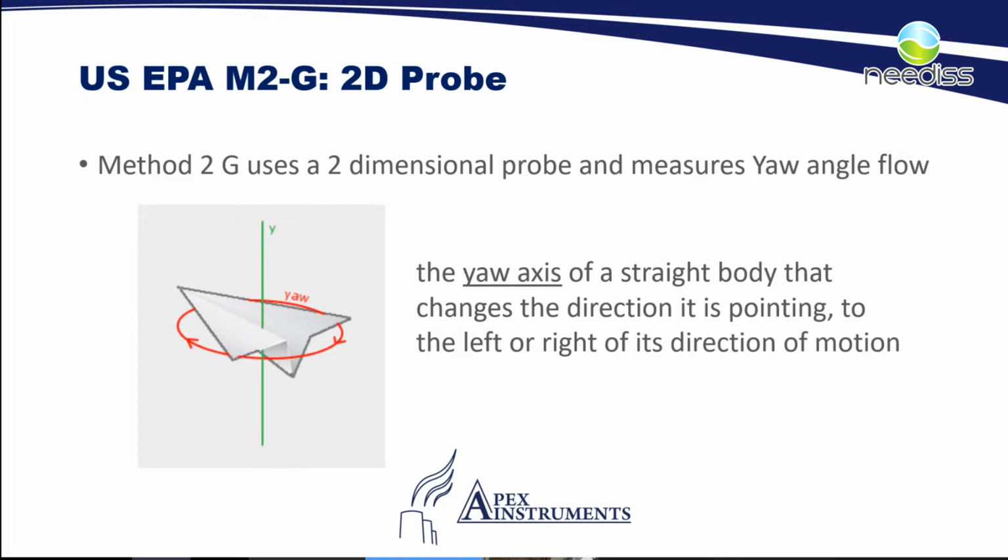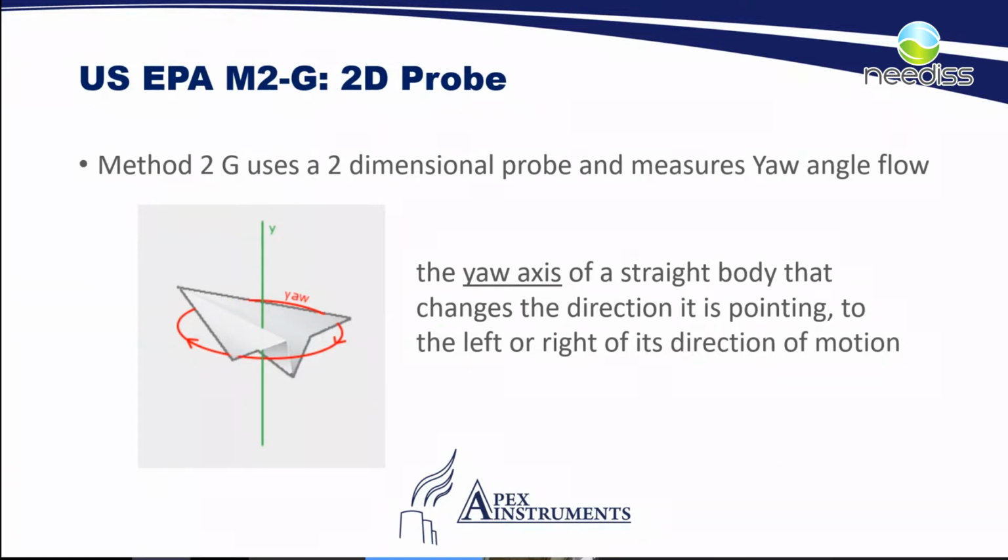Now, what we can do, as you can see, if that paper airplane or the probe in our situation is sitting directly into the stack, our yaw angle would be if we move the probe from left to right, but keeping it in the straight line as we did when we put the probe into the stack.